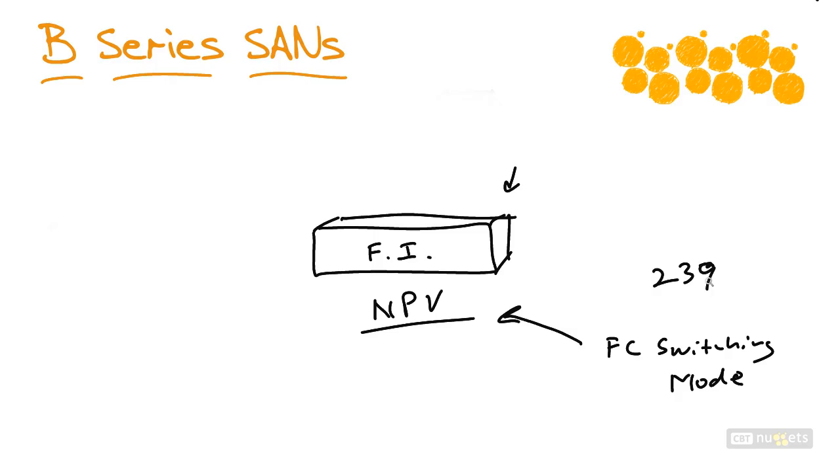We know in the N-port virtualization mode, the default, our Fabric Interconnect appears not as a fiber channel switch upstream but as an actual node in the fiber channel environment. So we don't consume that domain ID. Also, please keep in mind that in the default NPV mode, fiber channel services are not operating.